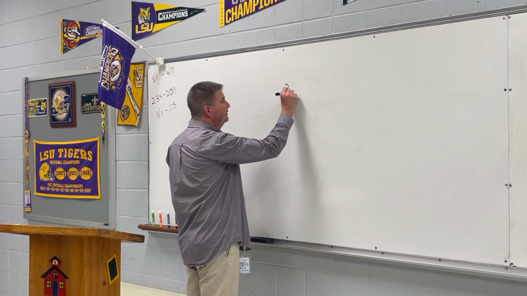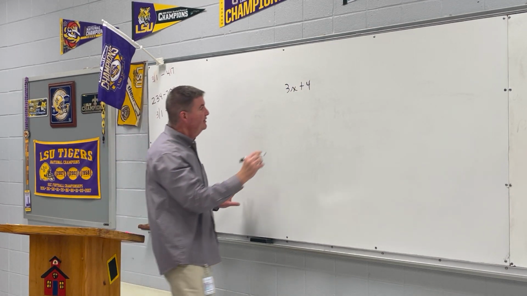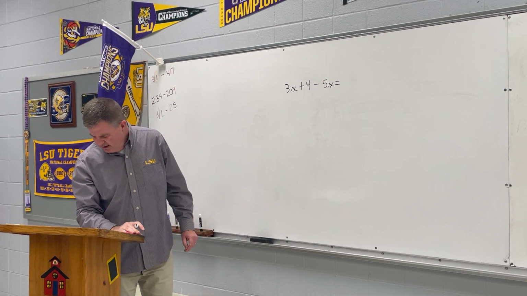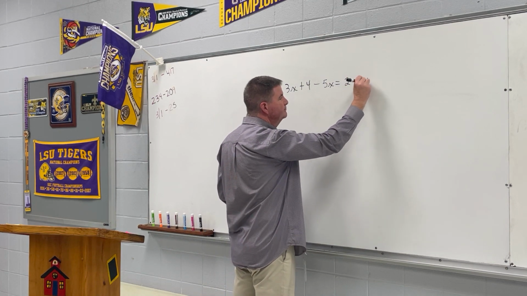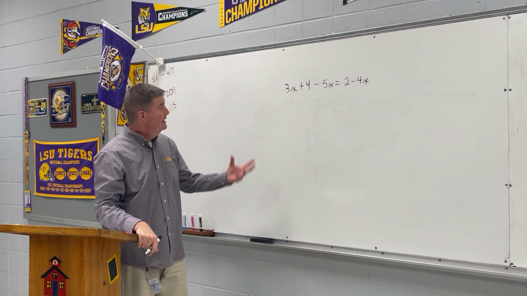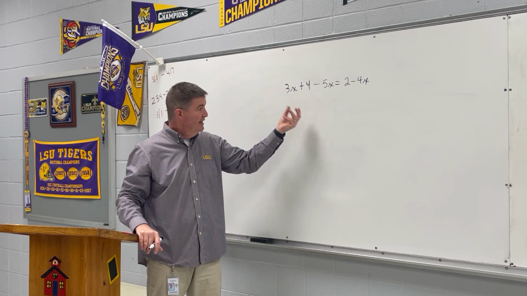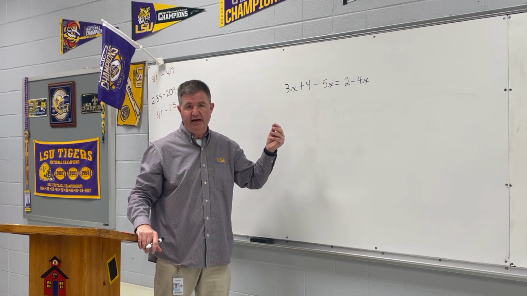So I have 3x plus 4 minus 5x equals 2 minus 4x. Now in this one here, again, it's just more stuff. We're going to condense and do what we have to do in order to solve for x.